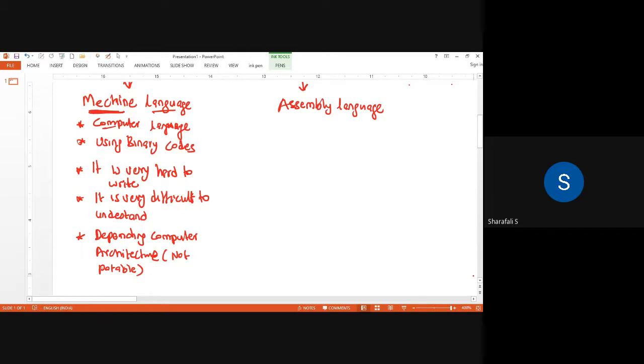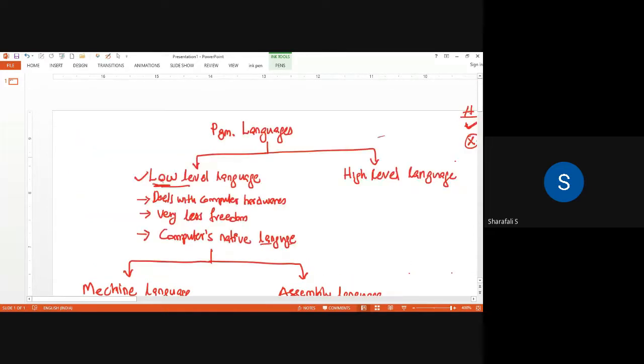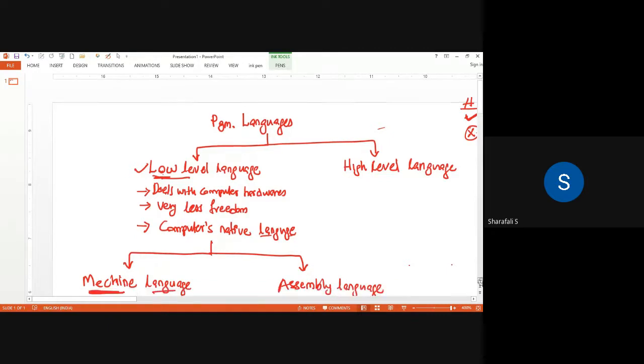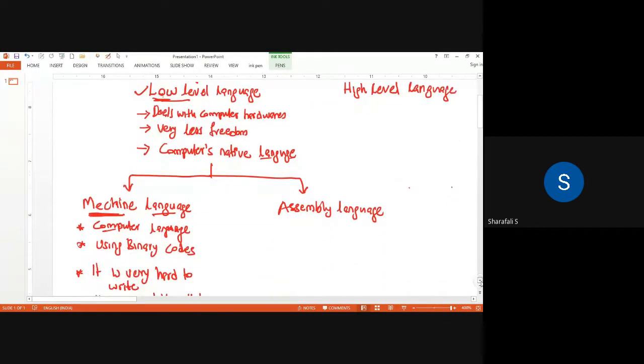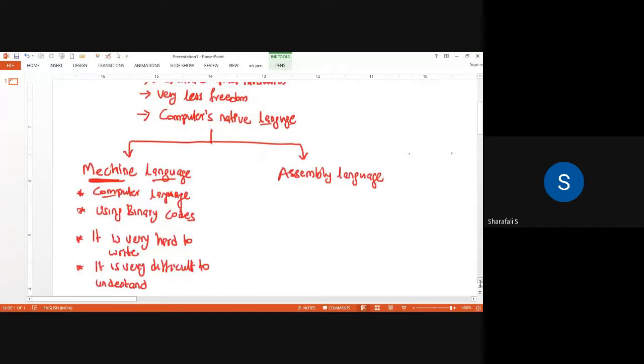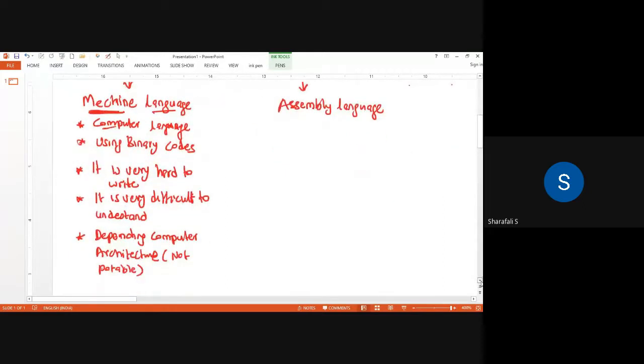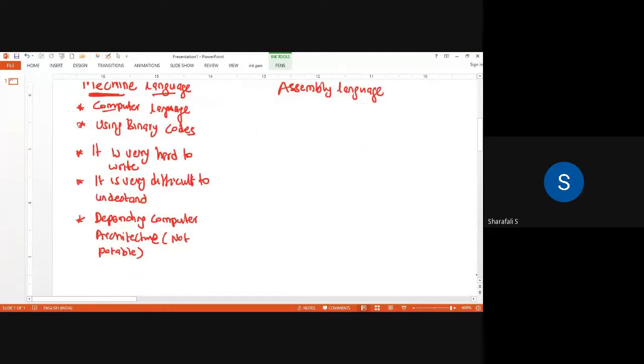And if you have a 64-bit system, you have to change the program accordingly, because in a 32-bit system you can use a maximum of 32 binary codes, but if you are using 64, then you can go up to 64.